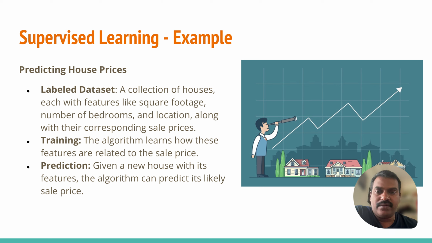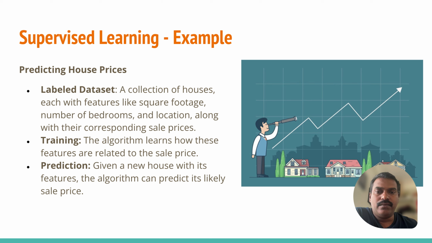What information is required to predict house prices? You need a labeled data set. That labeled data set consists of a collection of houses, each with features like square footage, number of bedrooms, location, along with their corresponding sale prices, the previous sale history of the houses.